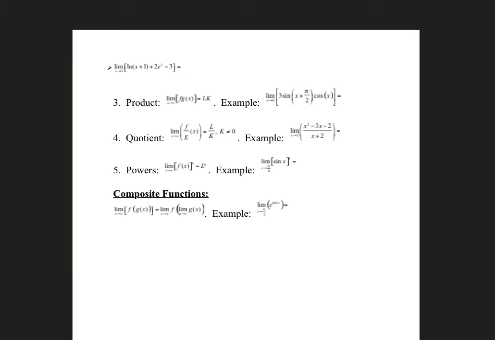So up here, we are going to look at this limit and take it in pieces. As x goes to 0, the natural log of 0 plus 1 is going to be the natural log of 1, and hopefully we remember the natural log of 1 is 0.